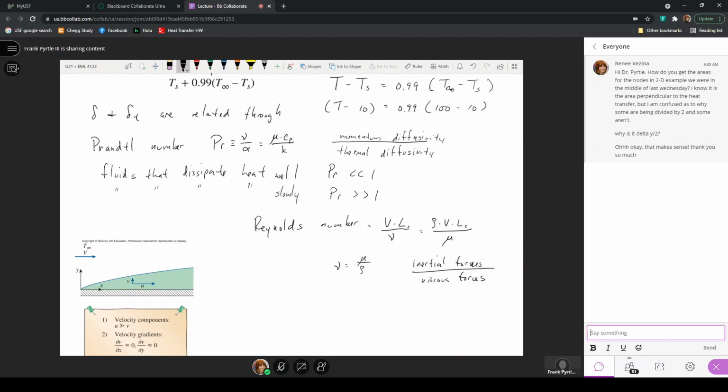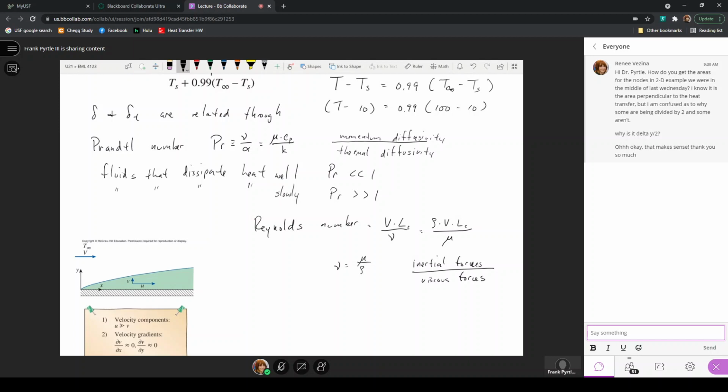These expressions based on the Reynolds number allow us to consider whether we need local values or average values.